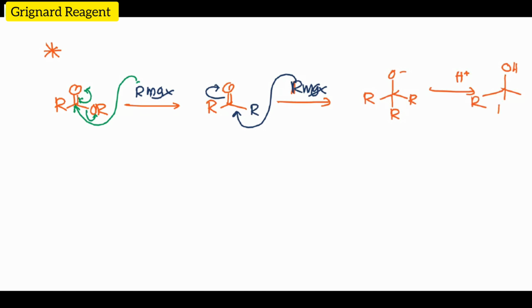Now, if you look at the reaction, conversion of ester, acid halide, anhydride needs two equivalents of the Grignard reagent to convert into the tertiary alcohol.